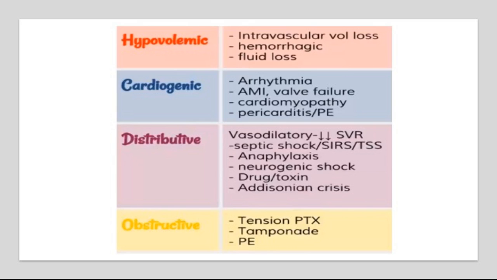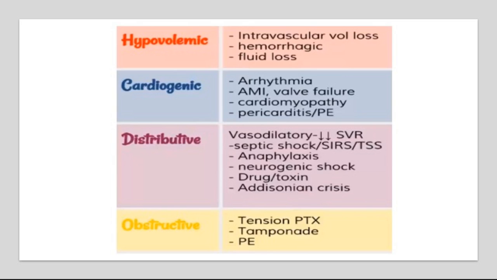Next, that's listed as distributed. Now, this covers anything where the vessels are the issue. Now, with septic shock, as you'll see, you'll have that endothelial damage that ultimately causes a capillary leak, where you'll have your fluids leak out at that capillary level.